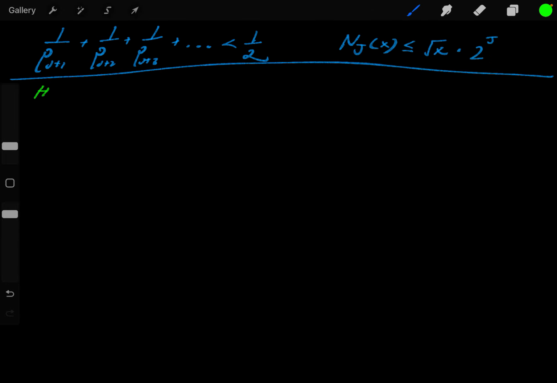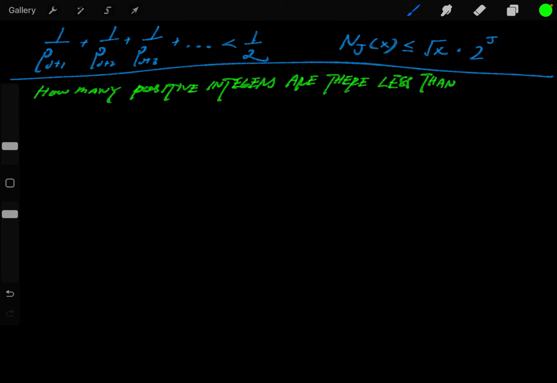Now let's say, how many integers, or positive integers, again, always going to be talking about positive integers, are there less than or equal to x that are divisible by some prime p?